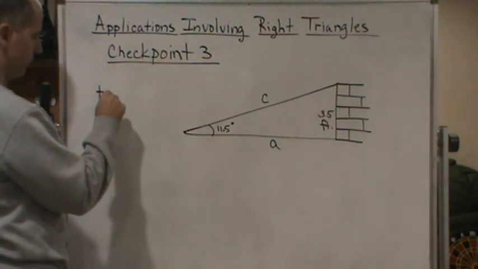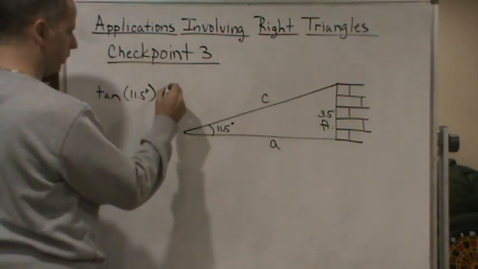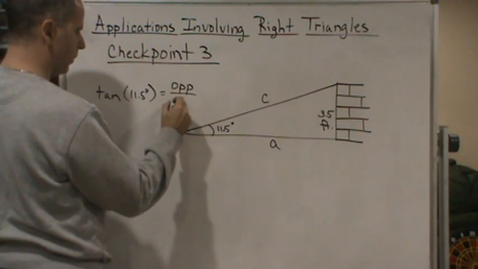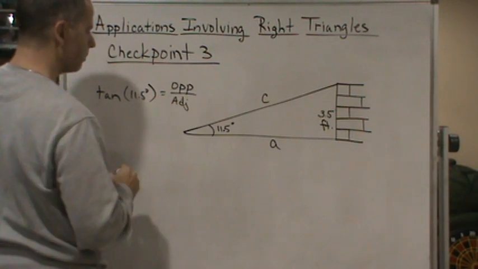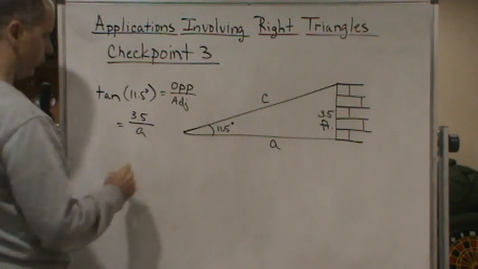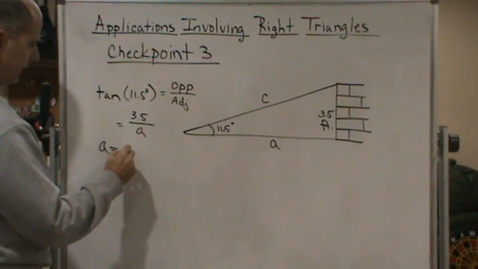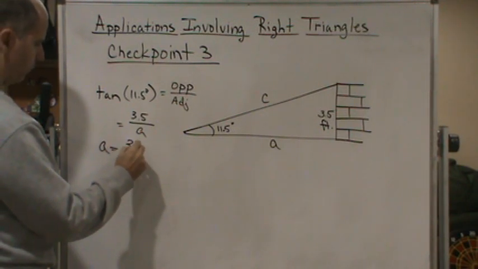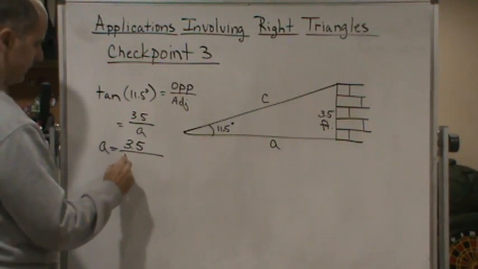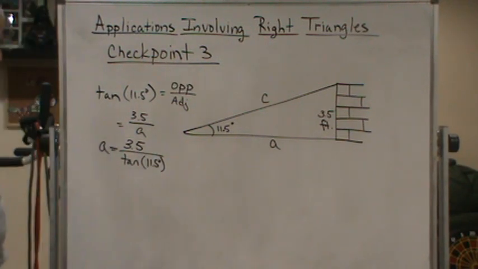So tangent of 11.5 degrees equals opposite over adjacent, which is going to equal 3.5 over A. So in this case, A is going to equal 3.5 divided by the tangent of 11.5 degrees.